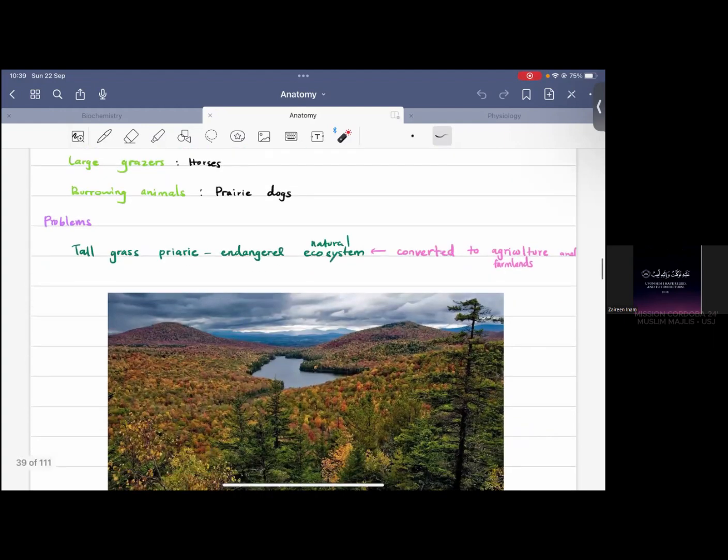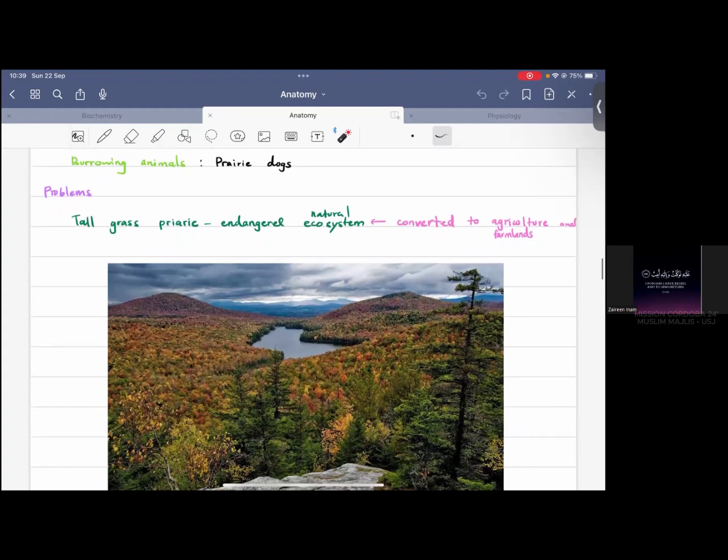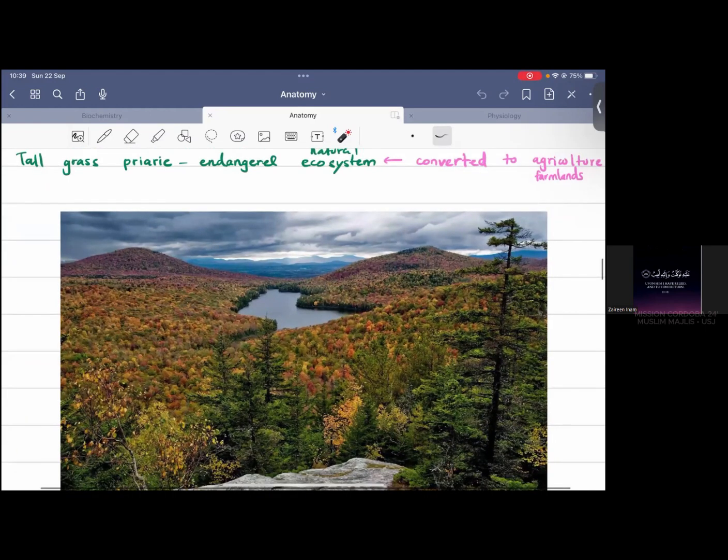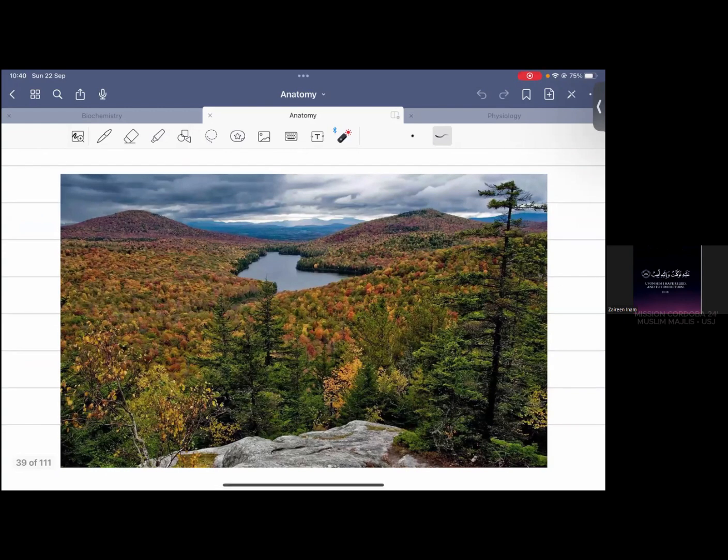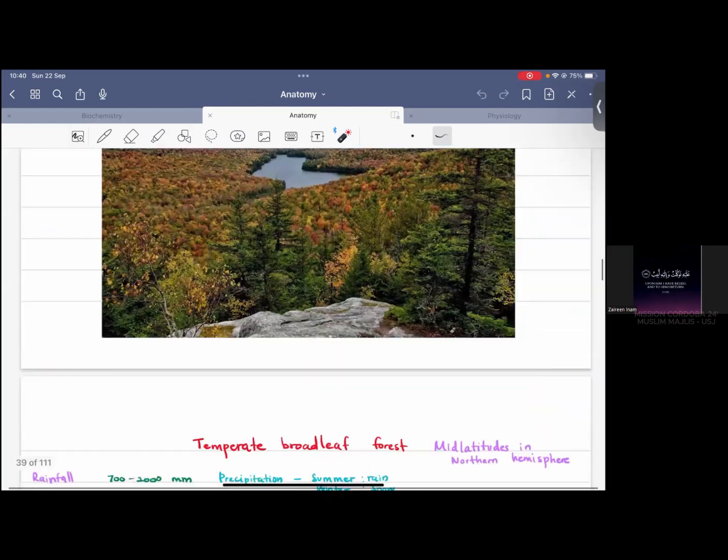Okay, so this is a beautiful one. This is also not in Sri Lanka. This is temperate broadleaf forest, right? You can see. So what is the distribution?